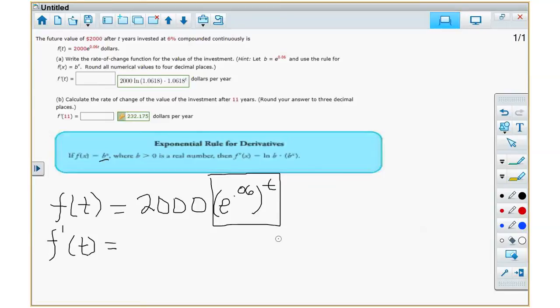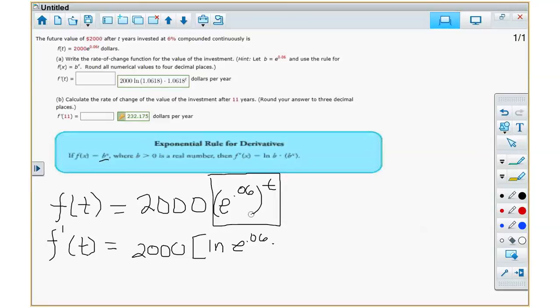So that's going to be 2,000 times natural log of e to the 0.06, times b to the x.